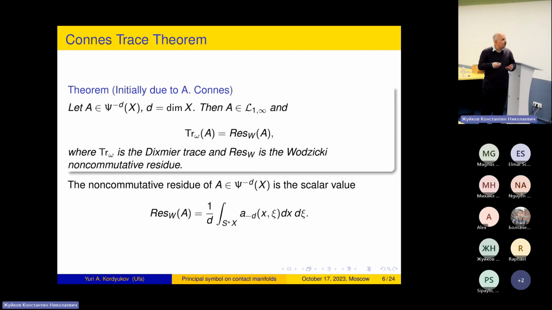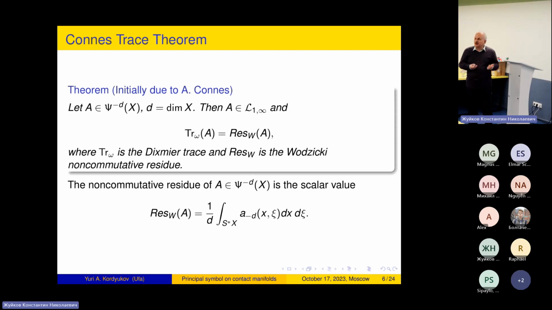And they are different from the usual trace, which has very nice properties, especially being a semi-finite normal trace. These are so-called singular traces. They don't have such nice properties, but anyway they exist.